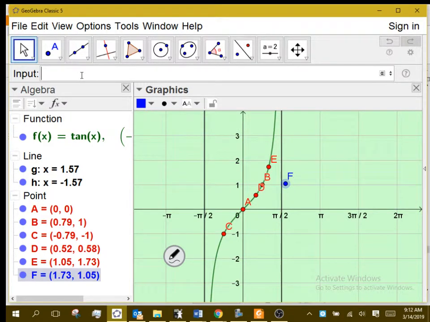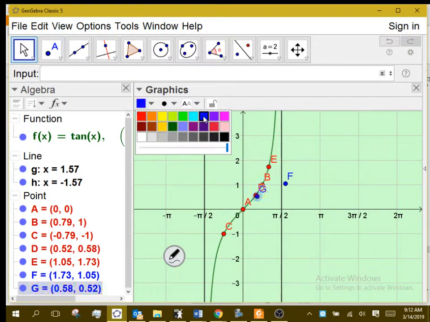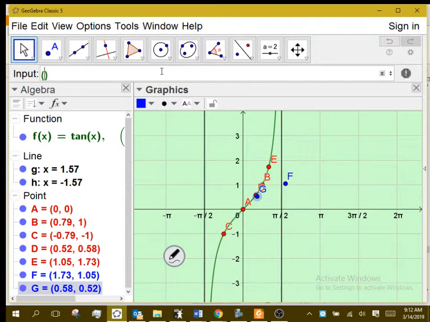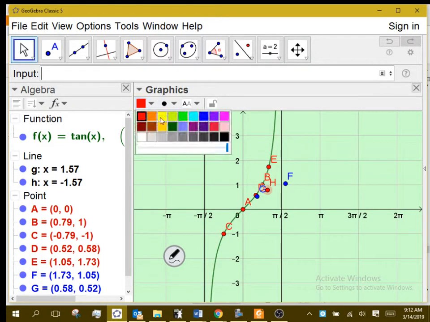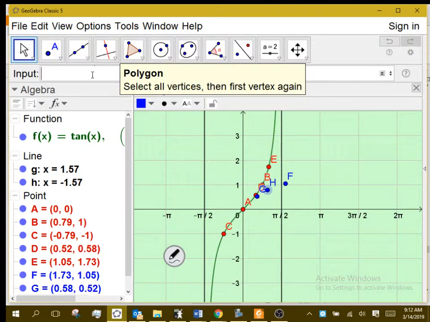If I look at point D, that was pi over 6. So it ends up being square root of 3 over 3, comma, pi over 6. So that'll be that point. We had pi over 4, comma, 1, right? Let's make that 1, comma, pi over 4. Get that blue point. 0, 0, obviously.